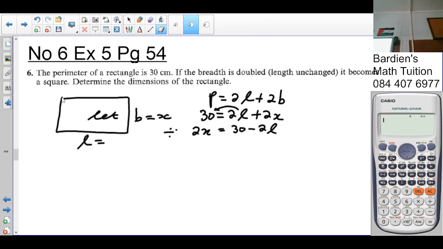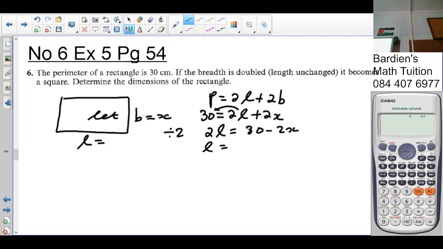I'm going to take 2x over. I want to write L in terms of x, the length in terms of x. So that will be 30 minus 2x. So I divide by 2. So L is equal to 15 minus x. Isn't that supposed to be minus?